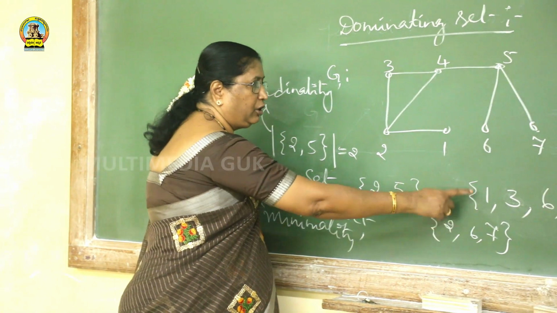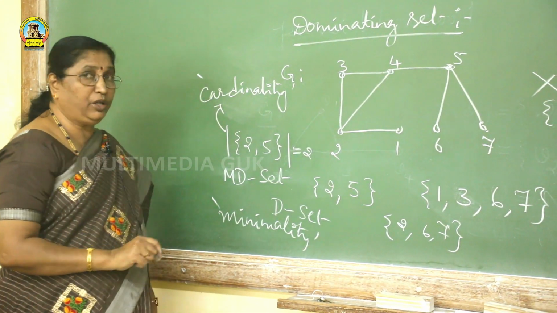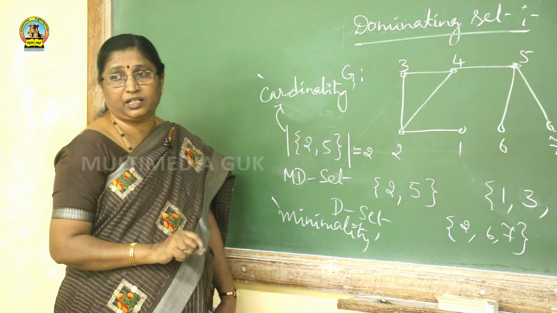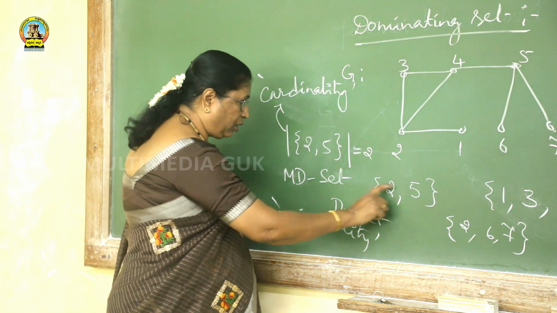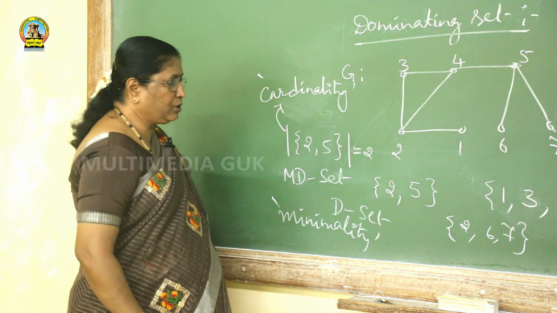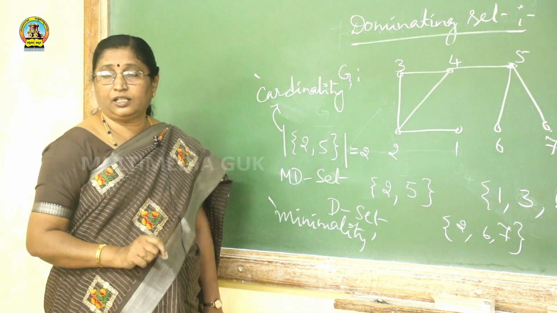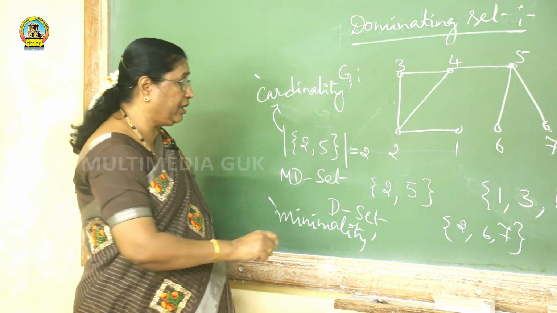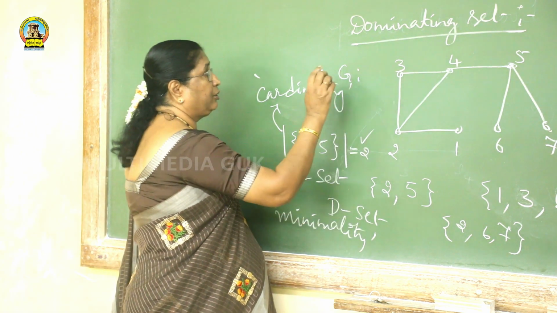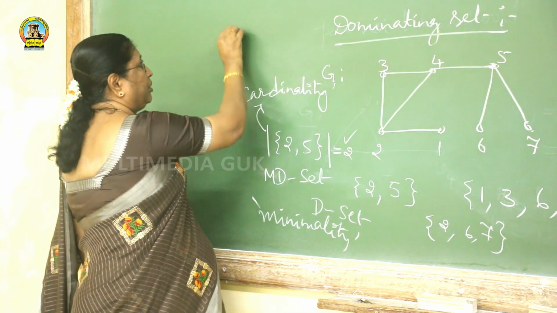Now among the dominating sets, you have to choose minimal dominating sets. Among all the dominating sets, you have to choose the one having minimum cardinality. The set which has the minimal cardinality, that is referred to as the domination number.